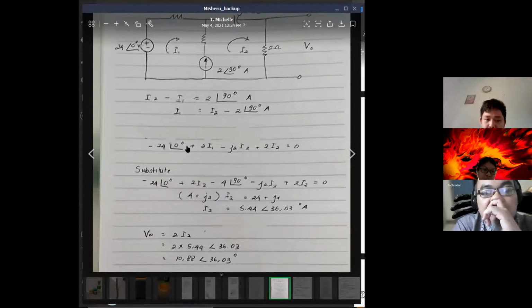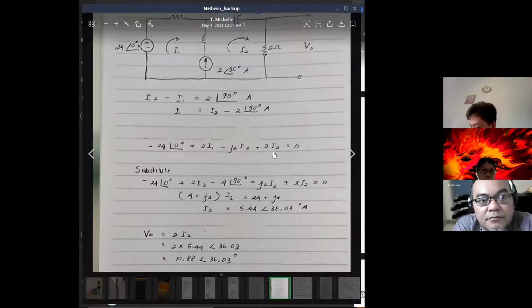And then for the mesh analysis, minus 24 with 0 degree plus 2I1 minus j2I2 plus 2I2 is equal to 0. And then we substitute this with this, and then we get this equation.